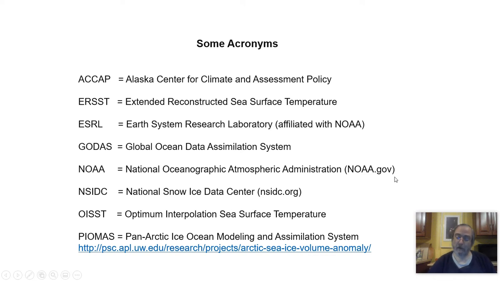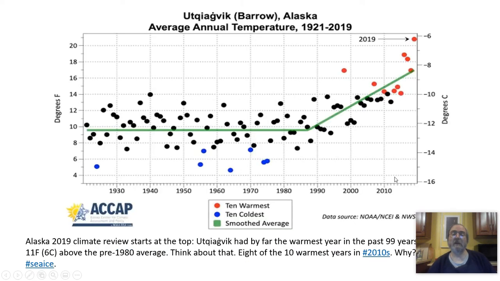Okay. So up to Utqiagvik, which is Point Barrow, Alaska. This graph is showing the average annual temperature from 1921 to 2019. It's basically 98 years. And when you look at up until about 1988 or so, things were what they should be.